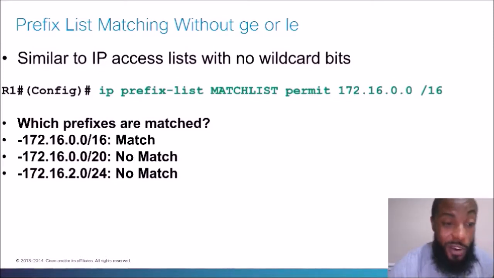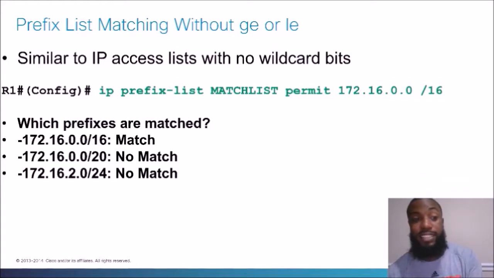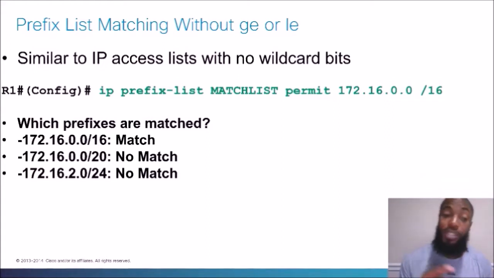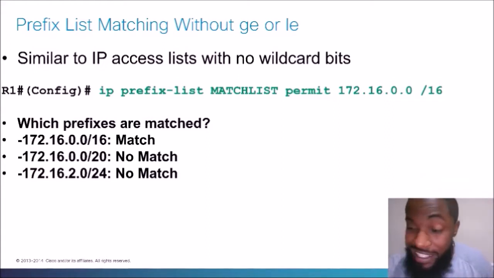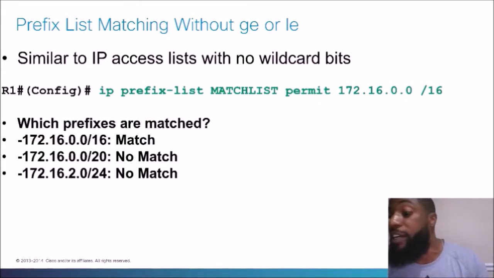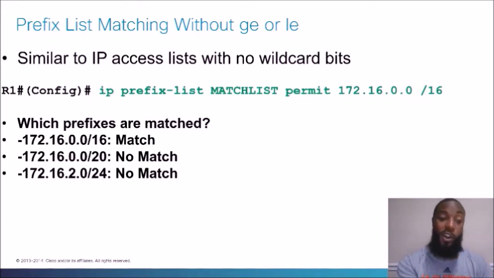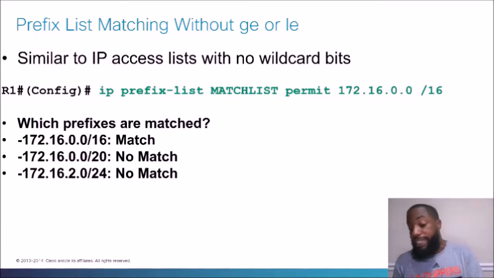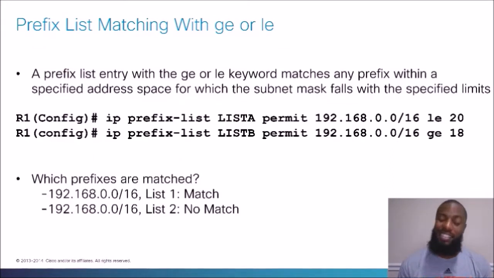The bottom two, no match. 172.16.0.0/20, you're a /20, you've got polka dots, you can't come in the club. 172.16.2.0/24, you can't come in because you've got the wrong subnet, or basically you've got a hat on. There's no match. You're not on the RSVP list, you just can't come in the club. I know, I've got these crazy ways, but that's how we remember it. And hey, I'll be passing the exam.